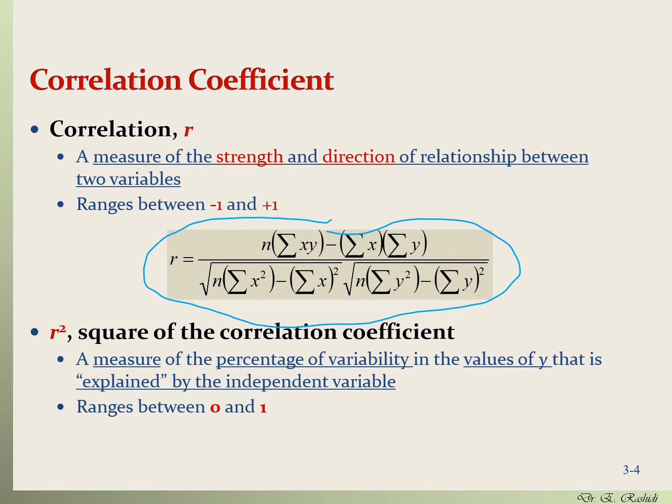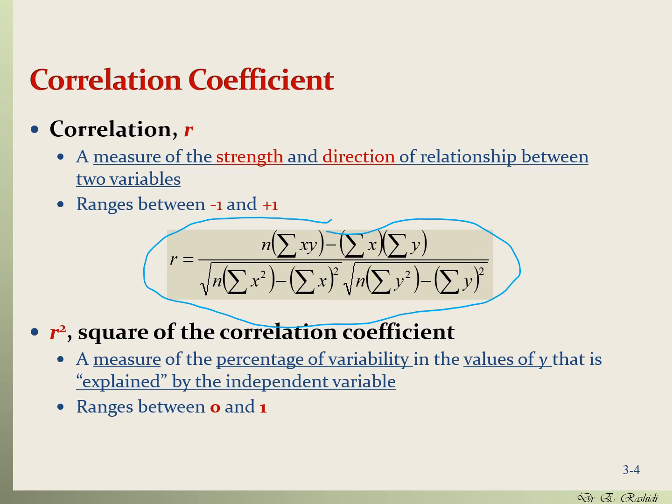If the relationship between two variables is strong, the value for R is going to be a value close to 1 or -1. The sign of the value, negative or positive, reflects the direction of the relationship between two variables.